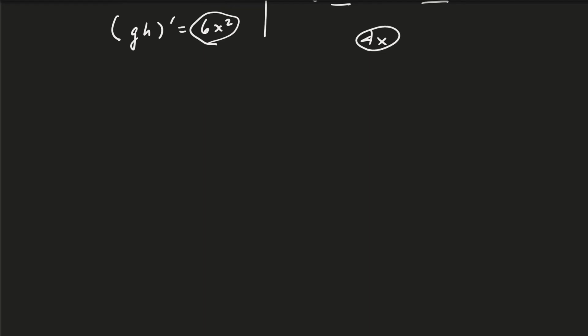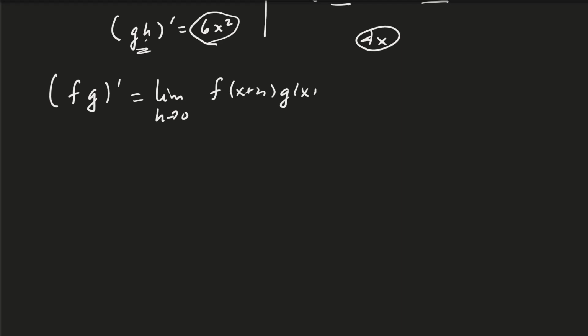We'll just take a quick look at the definition here, and we'll go ahead and take our function to be the product. Let me change that to f times g. I'm going to find a formula for f times g, because I'm using h in a couple different ways here. So that's going to be f of x plus h, g of x plus h minus f of x times g of x.